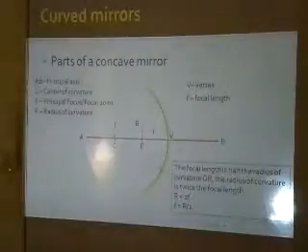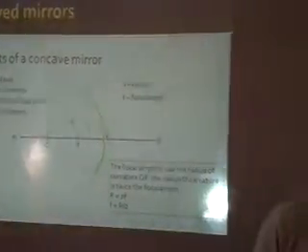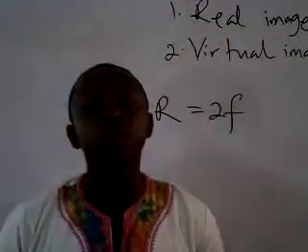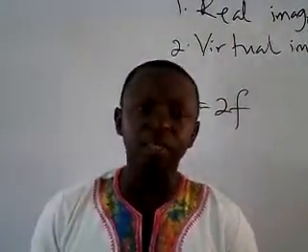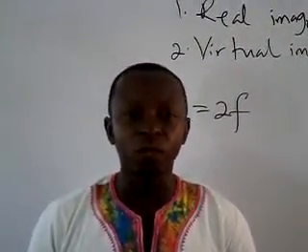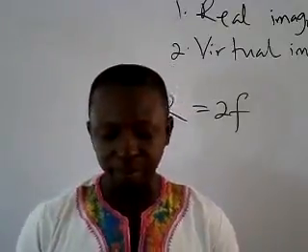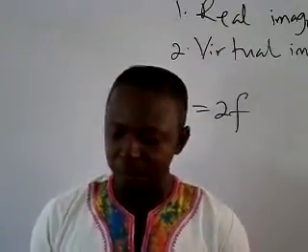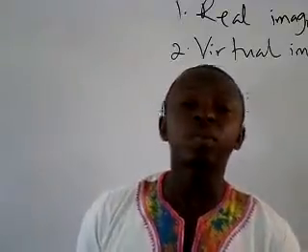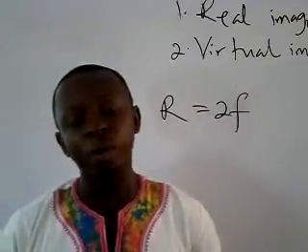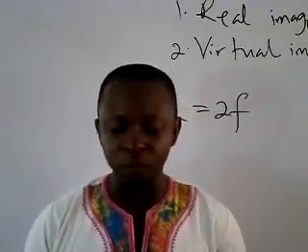That means that the focal point is between the vertex of the mirror and the center of curvature. Okay, so now that we know the parts of the concave mirror, let's move on.